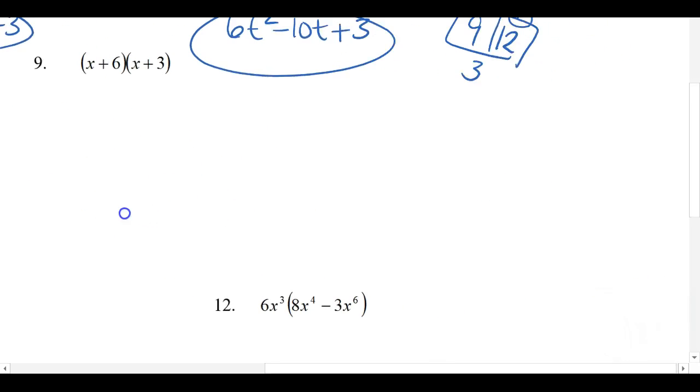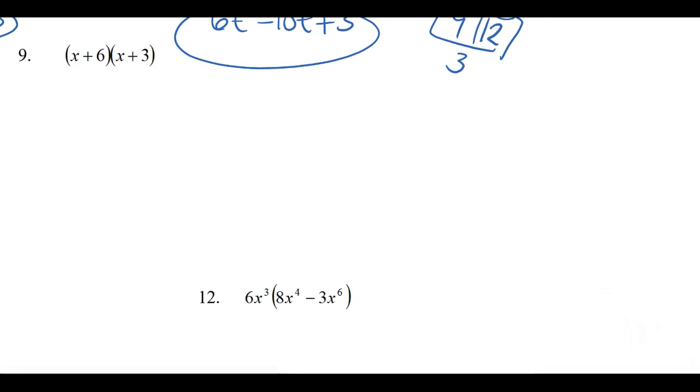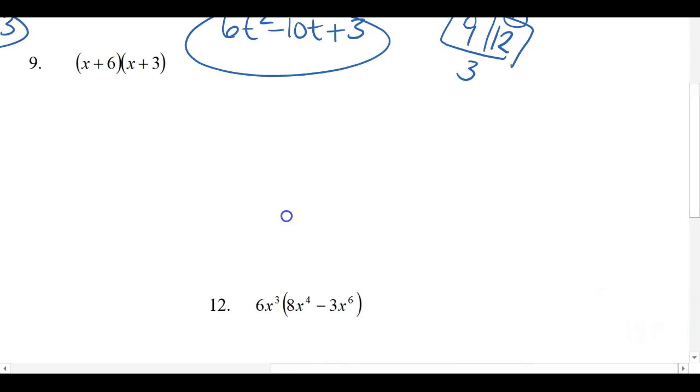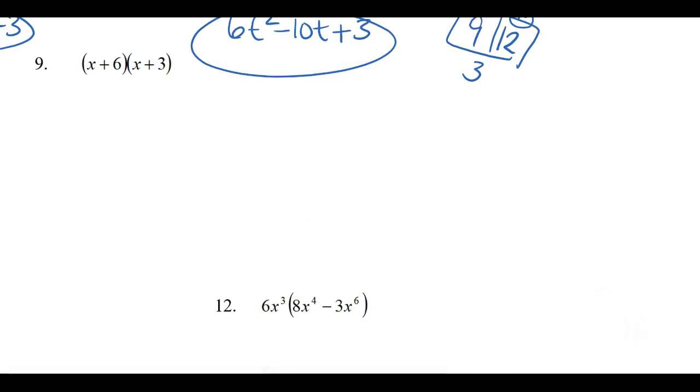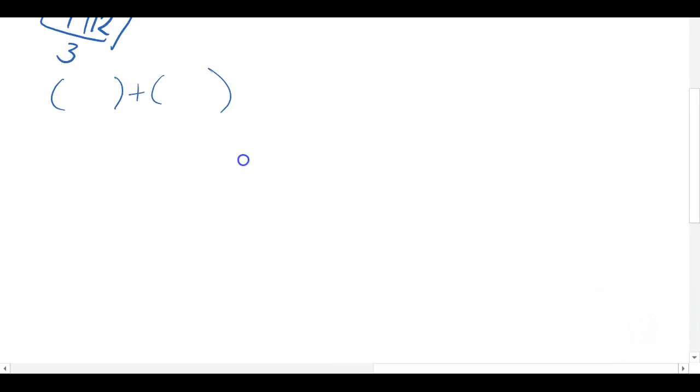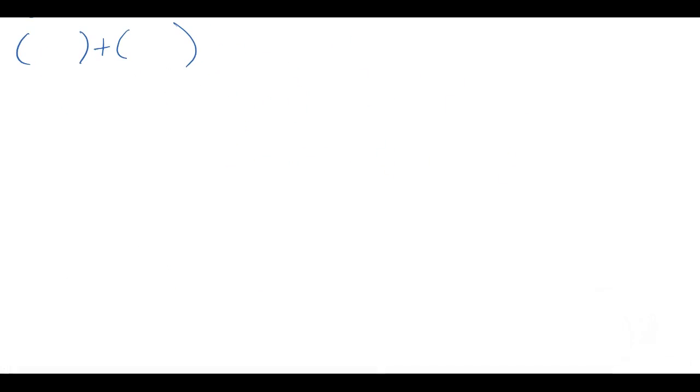Okay, now we've got some multiplication. And remember, you need to recognize the difference between multiplication and adding and subtracting. If your parentheses have a plus between, like this, let's do it off to the side. If they are plus, I'm going to add.